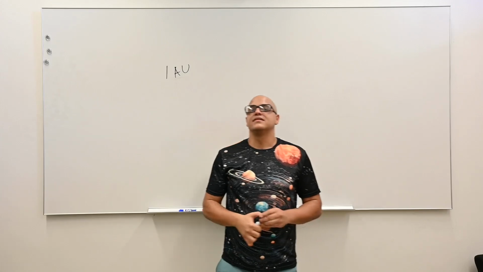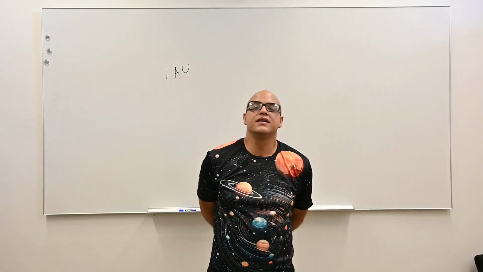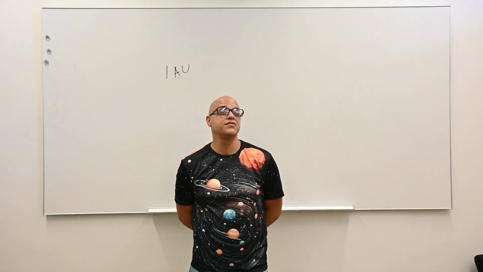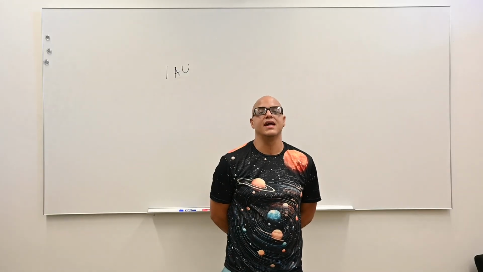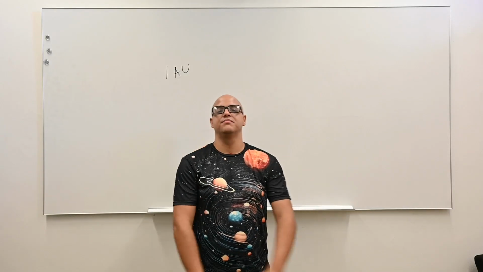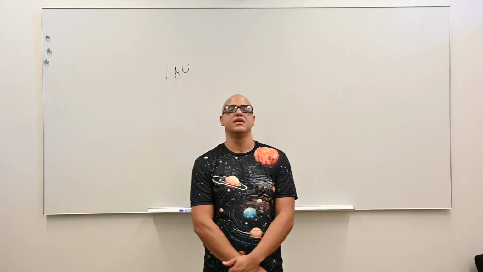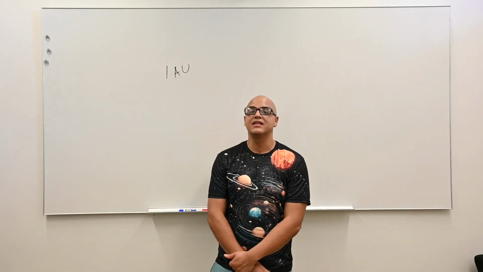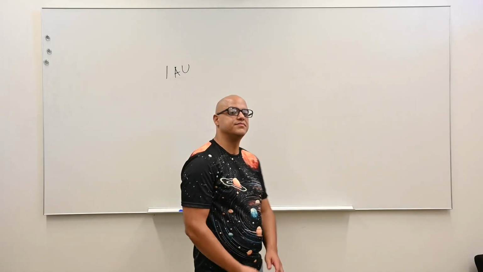When we are asked about the nearest star and the nearest galaxy, we use a different unit, the light year. A light year is not a unit of time, it's a unit of distance. A light year is the distance light can travel in 1 year.